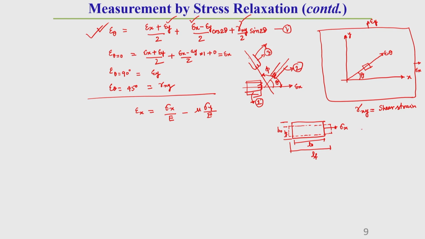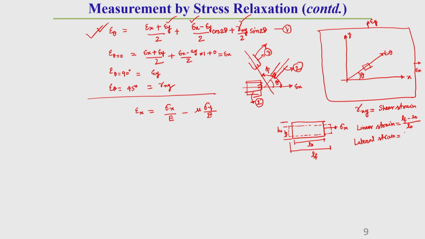One is called linear strain. Linear strain means the strain along the loading direction, and we can write it as the change of length, that means LF minus L0, divided by the original length. Another one is along the width direction, where there is also some shortening, and that is called lateral strain.